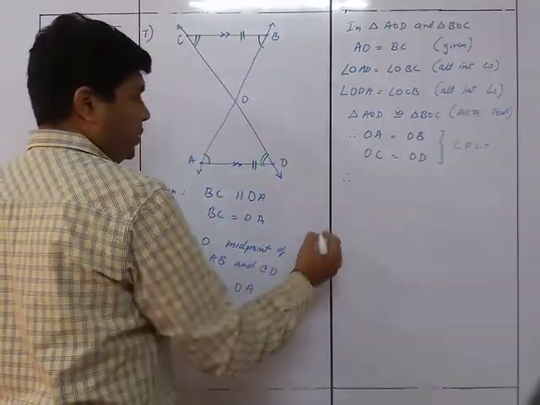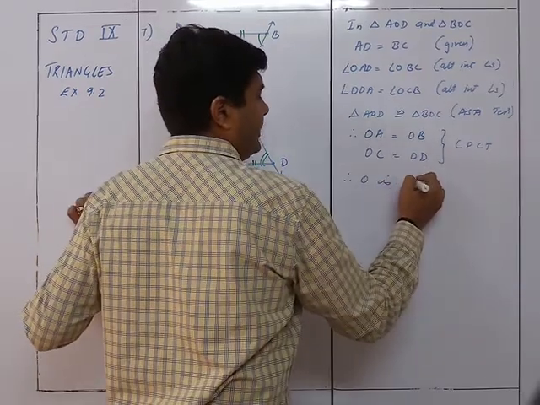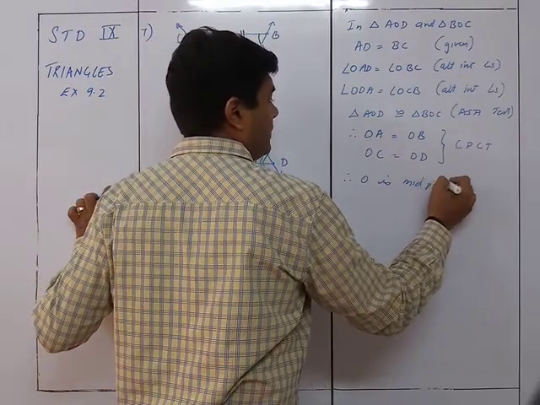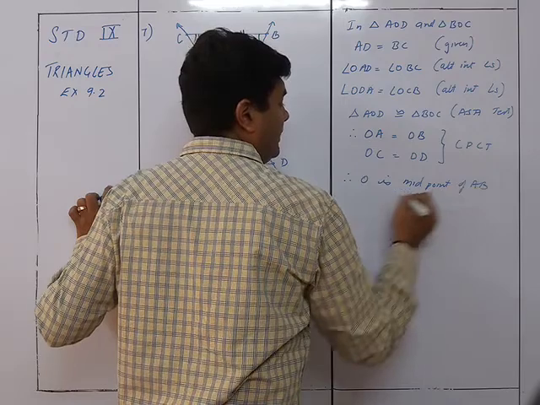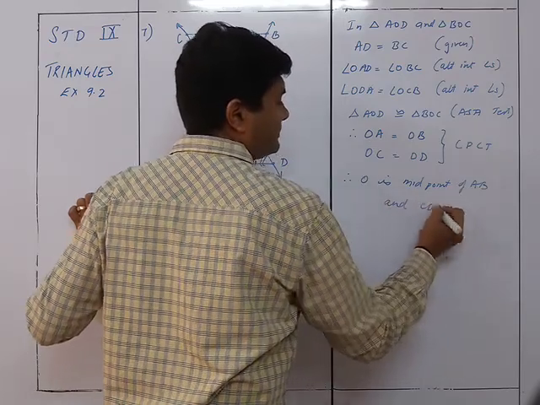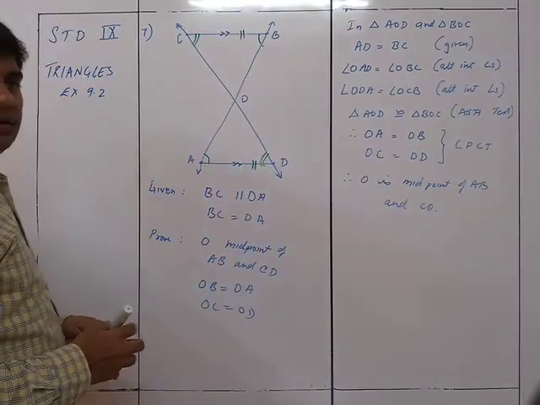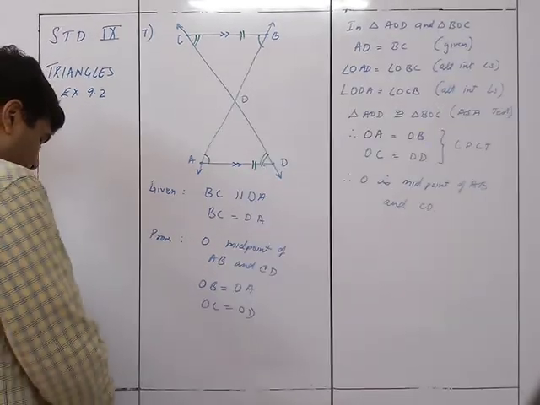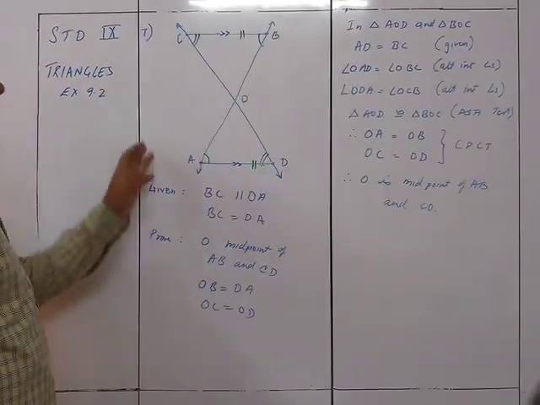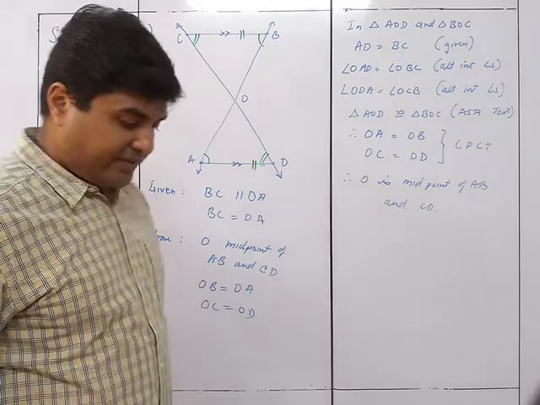Therefore, O is the midpoint of AB and CD. Is it clear? Have you understood this? So this is how we prove sum number 7.